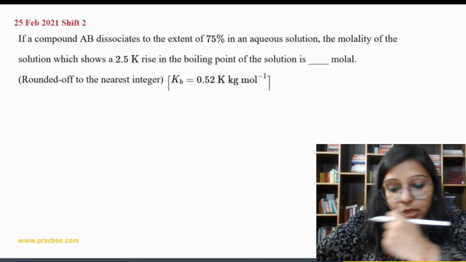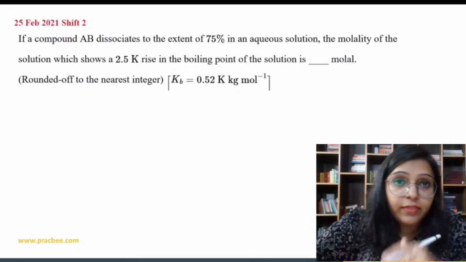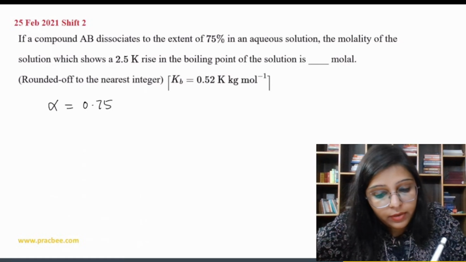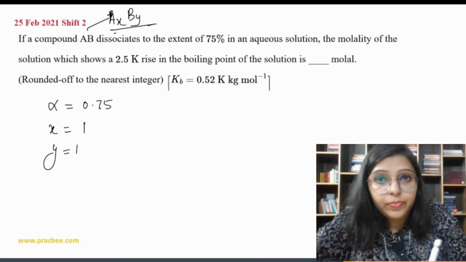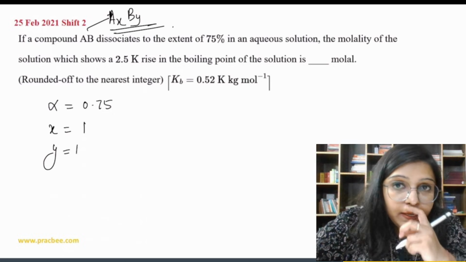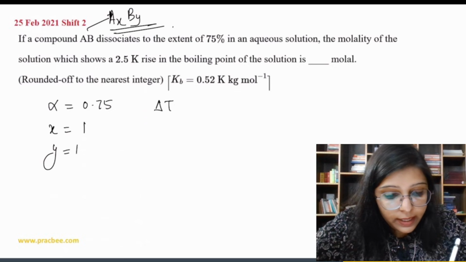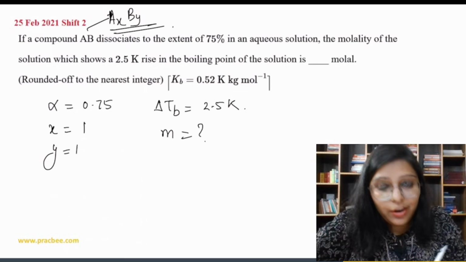Now let's do the next question. The next question says, if a compound AB dissociates to the extent of 75% in aqueous solution, it means alpha is 0.75, x value is 1, y value is 1, because we have to compare this with AxBy. Okay. The molality of the solution which shows a 2.5 Kelvin rise. So it means delta Tb is 2.5 Kelvin, and we have to find out molality. So how to find out?